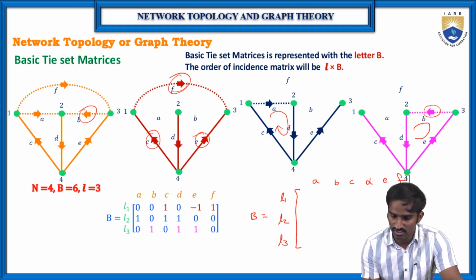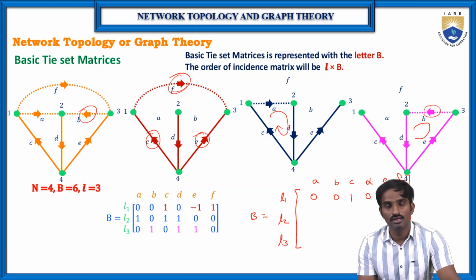So here you can see, there is no A, 0, and B is also not connected, 0. C, of course, is there, let us consider 1. D is not connected, 0. E is there, let us consider 1, and F is there, let us consider 1. Then when should we indicate the sign as plus or minus?